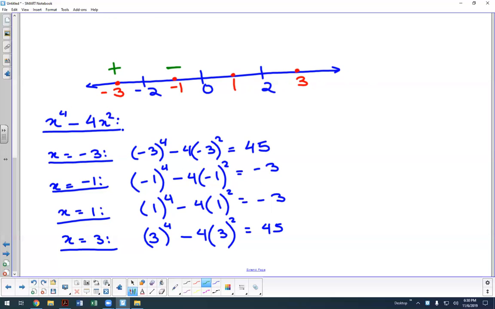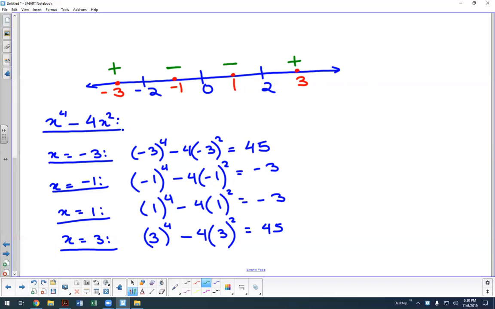For x equals 1, we again got a -3, so all our y values are going to be negative in that interval. And for x equals 3, we had a +45, so all y values are going to be positive in that one, right?